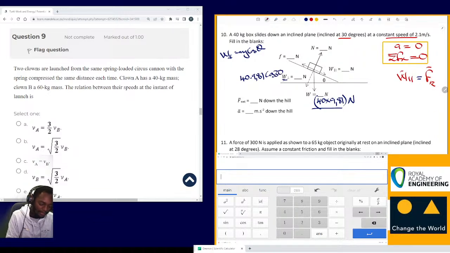You will punch that, okay? And we've obtained this one. And the weight down the slope is mg sine theta, so this will be 40 times 9.81 times sine 30. And this is in newtons.